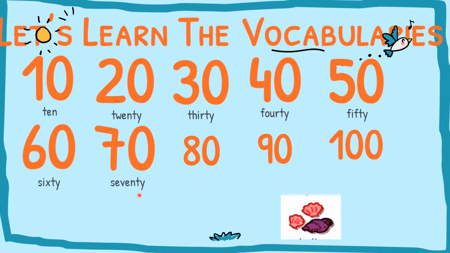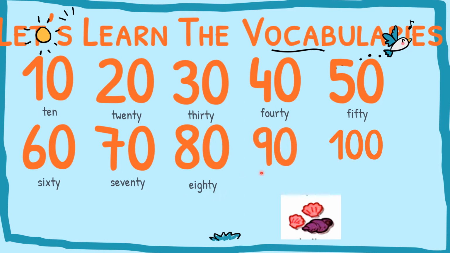S-E-V-E-N-T-Y, 70. And the next one, 80. Can you spell 80? Let's spell together. E-I-G-H-T-Y, 80. The next one is 90. Very good. Spell 90 together.